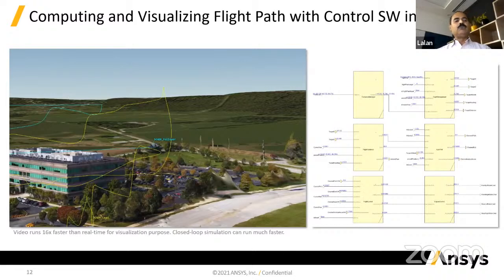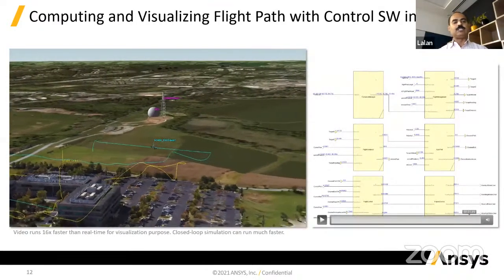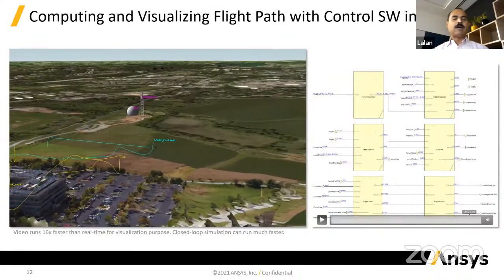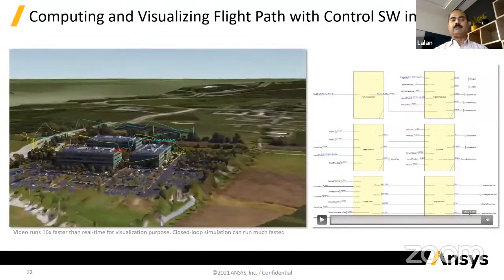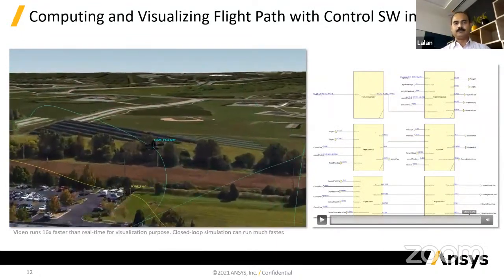And we are able to see that both the vehicles are following those routes. Let me play this video again, so you can see that both vehicles are able to correctly follow the flight path designated as the mission for these two aircraft.